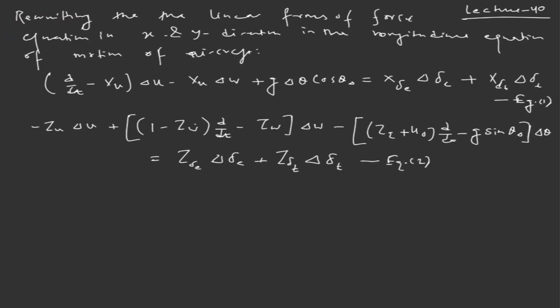So if you notice, equations number 1 and 2 are the linear form of the forces along x and z direction. Now we'll find the linear form of the moment equation along the y direction, where we are going to control the pitch rate about the y-axis.